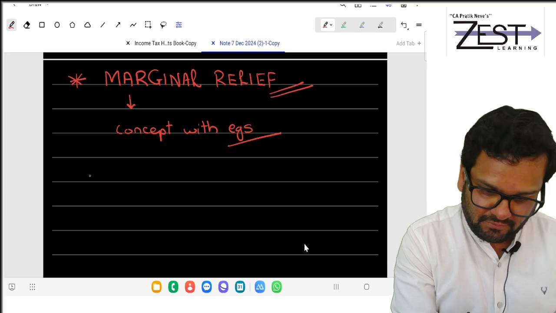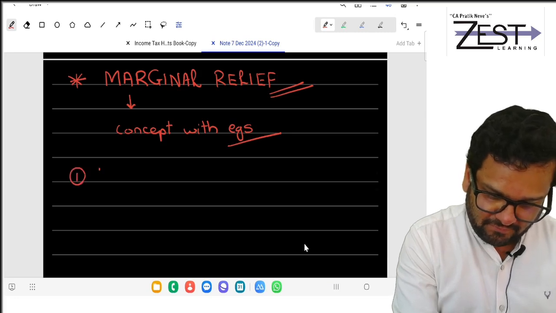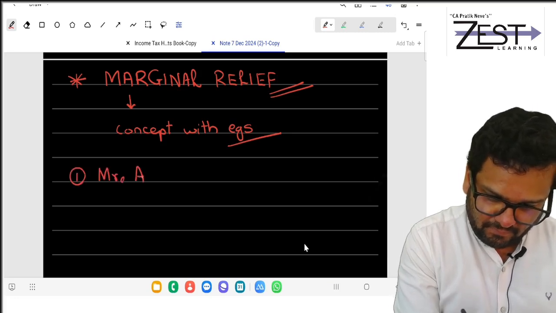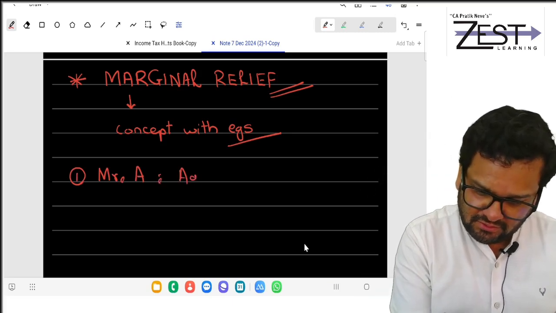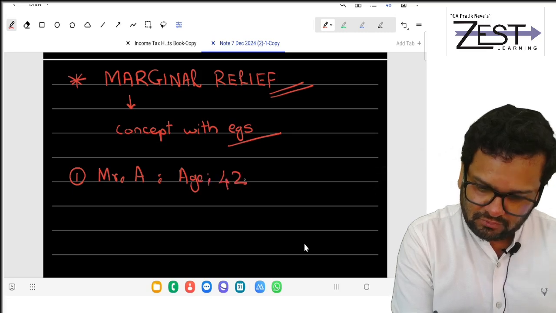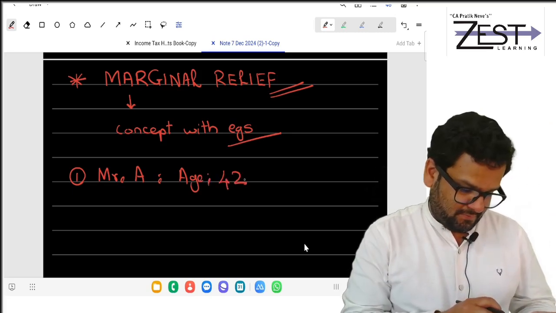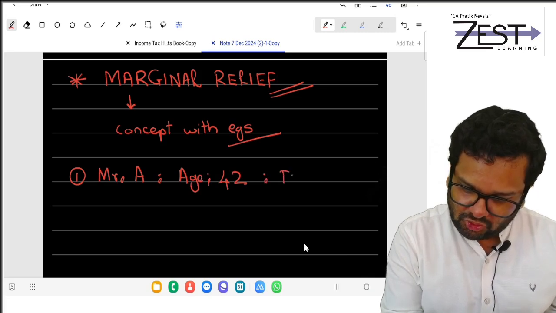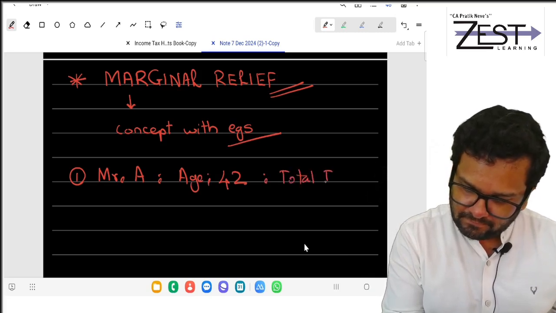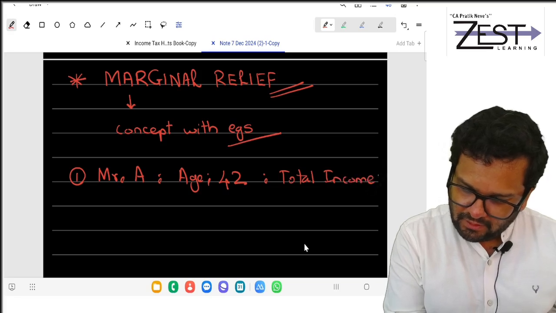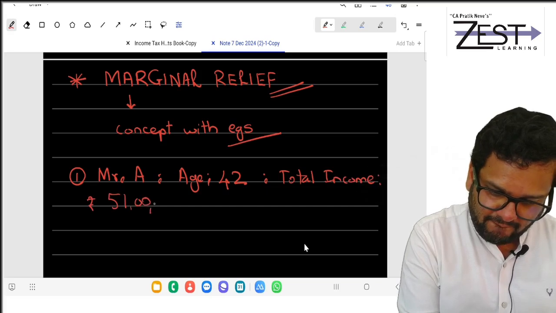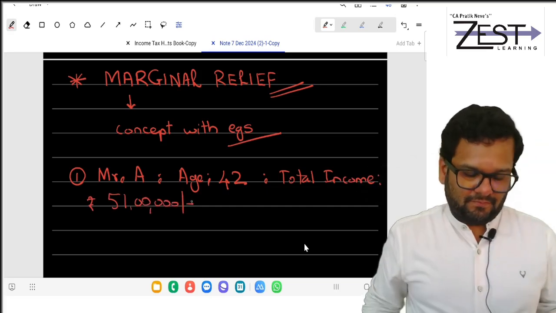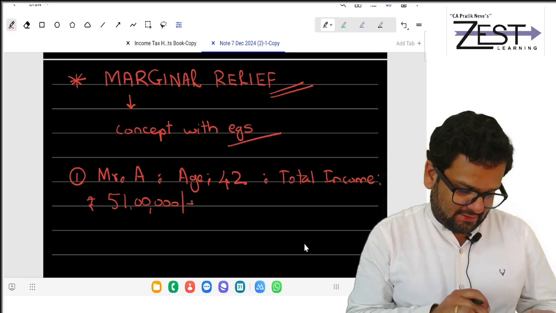There is one Mr. A whose age is 42. He has total income of 51 lakhs. How much? 51 lakhs.